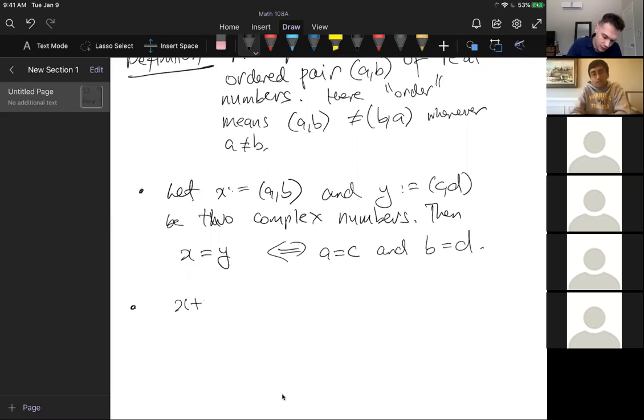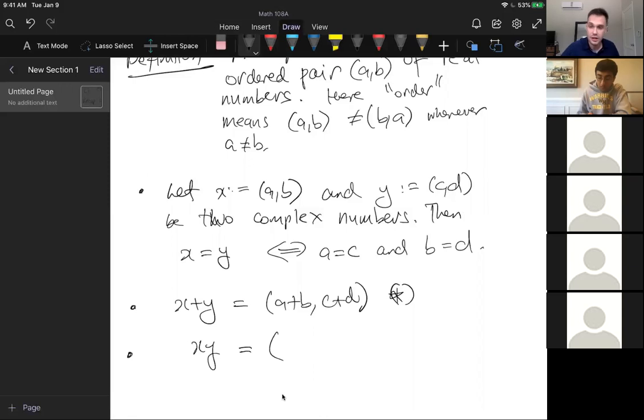If I add these two elements, I just add component-wise, like this. I'll call this star. The second one is xy, so I need to tell you what the product is.